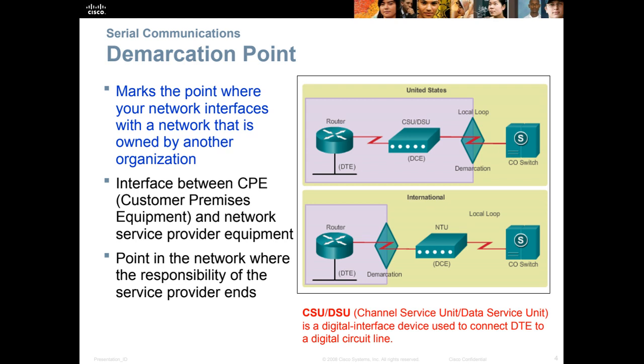So here we have a demarcation. In the US, it is different than the rest of the world. In the US, this is the CO switch. Here we have the router, the CSU, DSU. This is the local loop, and this is the demarcation.